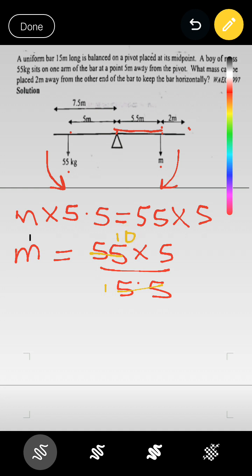So 10 times 5, 50. So we have M is equal to 50. So what's going to be the unit? That will be 50 kilogram, because this is in kilogram. The mass will also be in kilogram. So 50 kilogram.